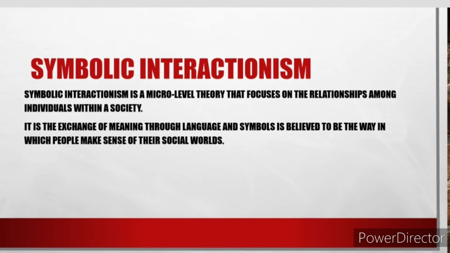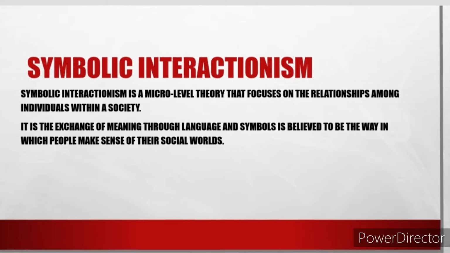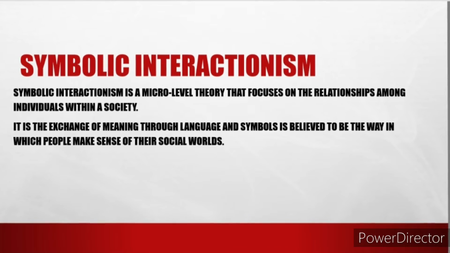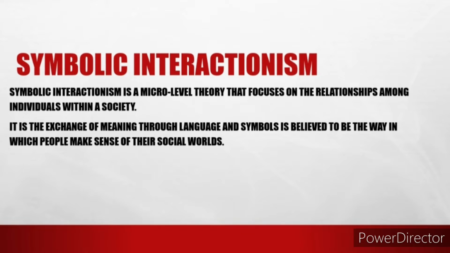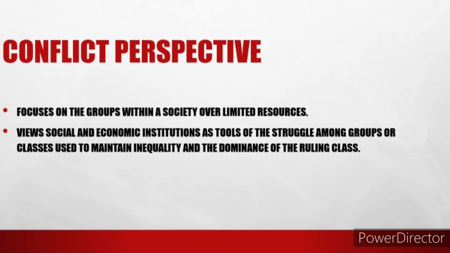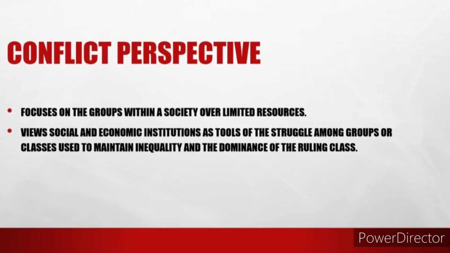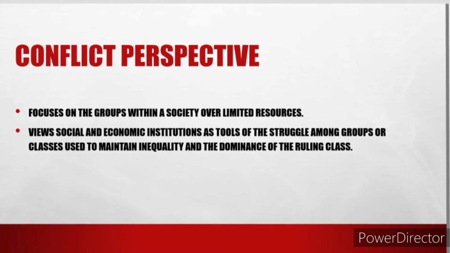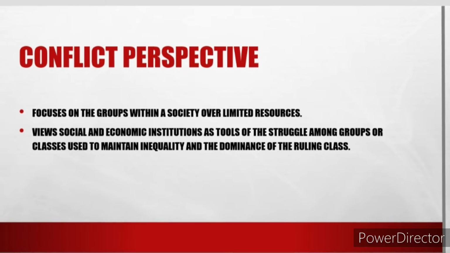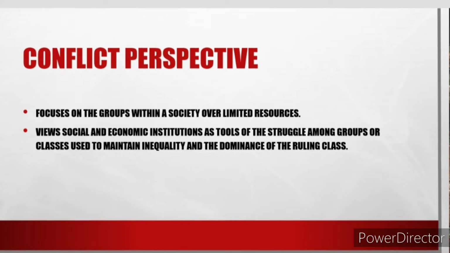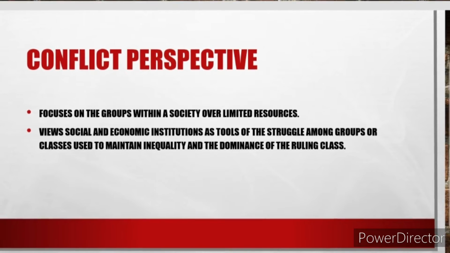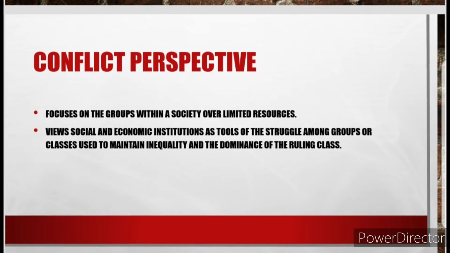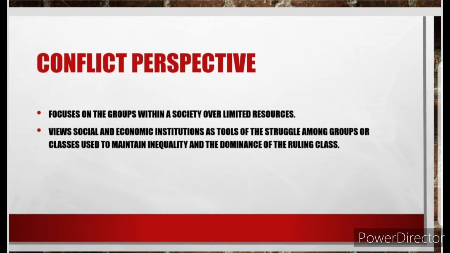It is the exchange of meaning through language and symbols. It is believed to be the way in which people make sense of their social worlds. And the last, conflict perspective. Conflict perspective focuses on the groups within a society over limited resources. It views social and economic institutions as tools of the struggle among groups or classes used to maintain inequality and the dominance of the ruling class.